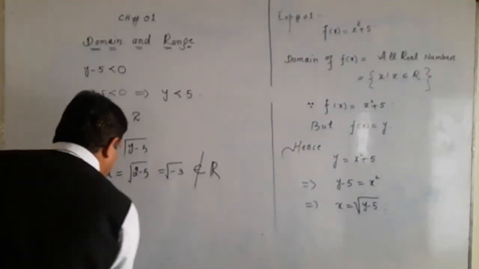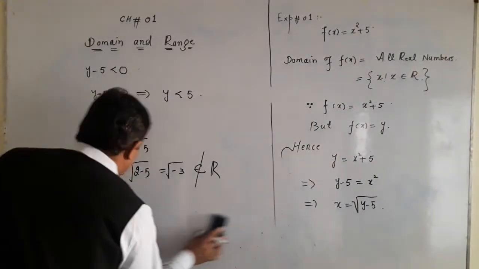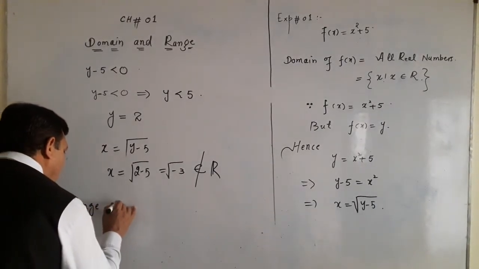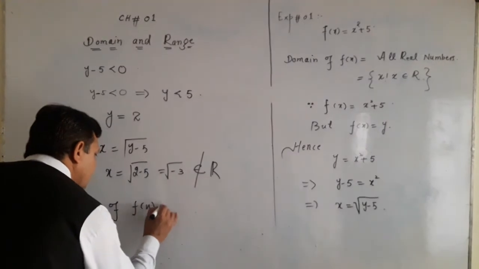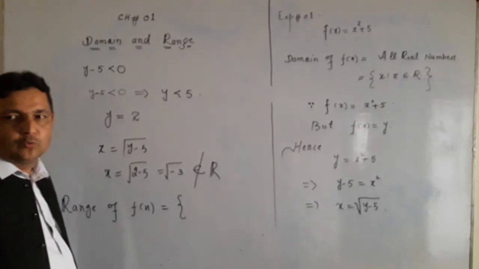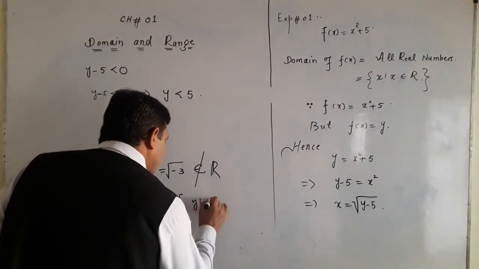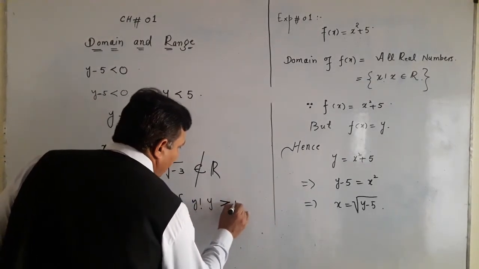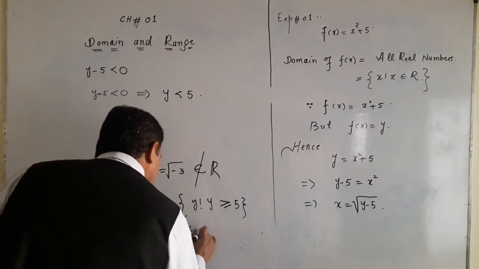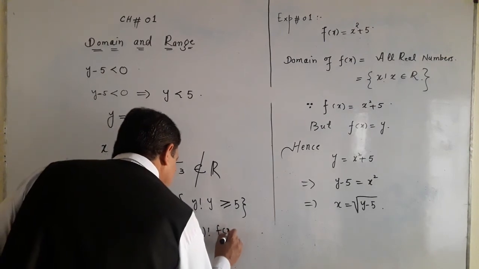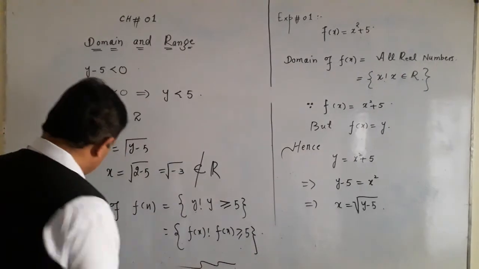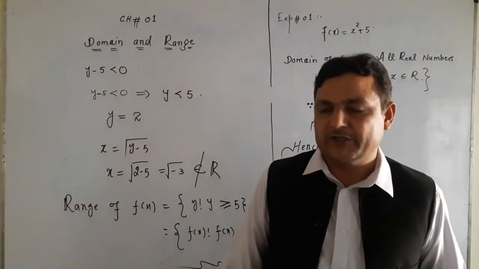So, we can define the range of f of x: range of f of x will be equal to y such that y is greater than or equal to 5, or f of x such that f of x is greater than or equal to 5. This is the range of the given function.